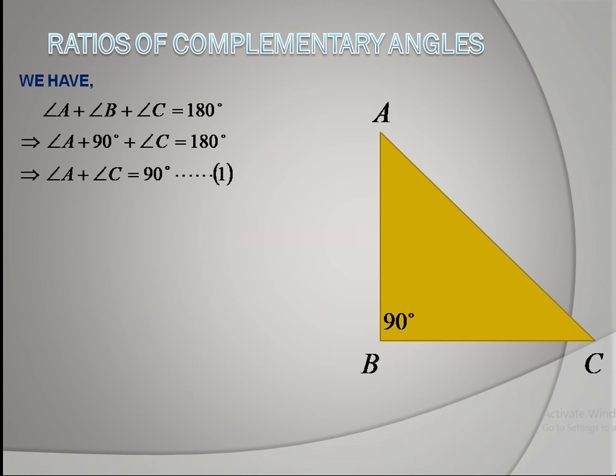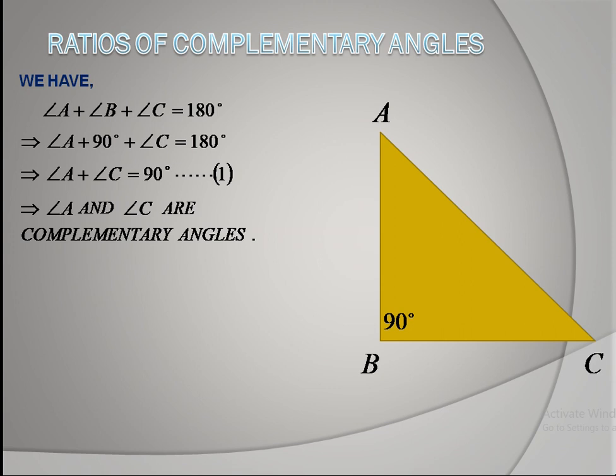This is equation 1. From equation 1, we can tell that angle A and angle C are complementary angles by definition, because the sum of two angles is 90 degrees. Now let angle C be equal to theta. Here it is, I indicate it in the figure.